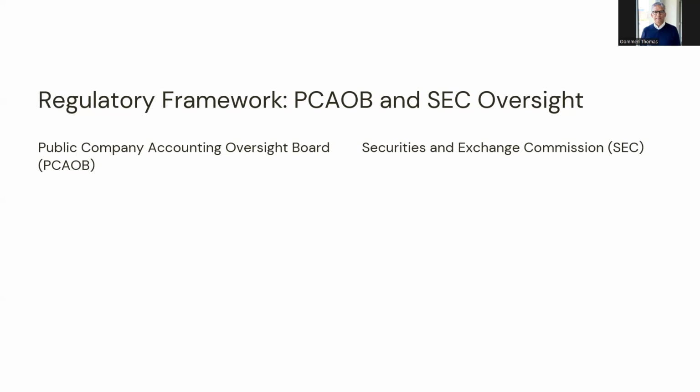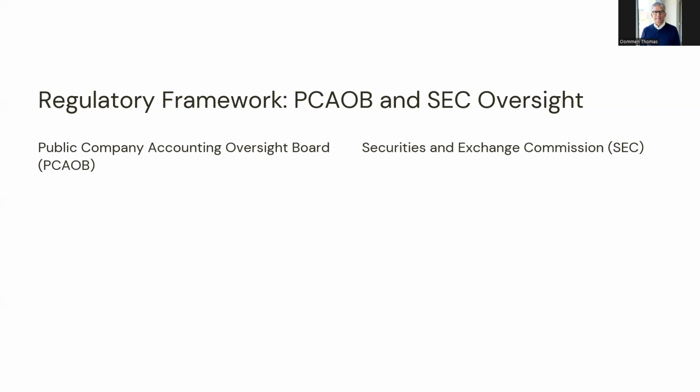So when E&Y does an audit, the standards to which E&Y will perform the audit is set by PCAOB. In addition to setting the standard, PCAOB will review and inspect the work done by registered audit firms.